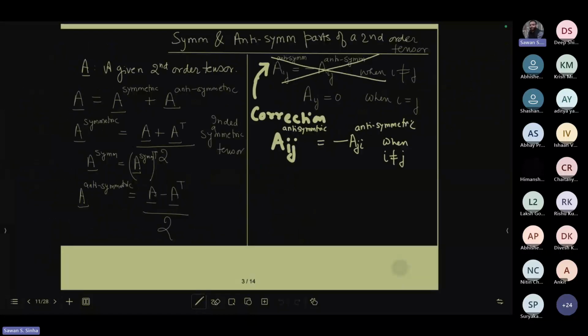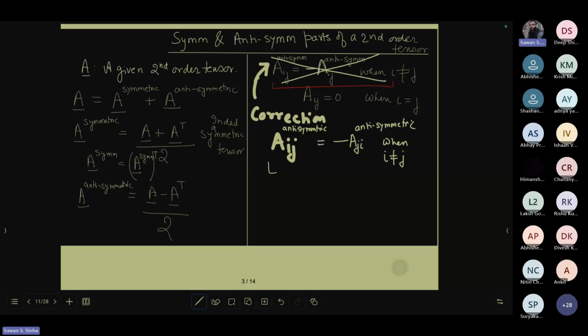Now, lecture number 4 PDF file that I uploaded, I realized I made a mistake. There was a typographical, writing error when I was talking about anti-symmetric matrix. I wrote Aij of an anti-symmetric matrix as minus of Aij. No, that's not correct.